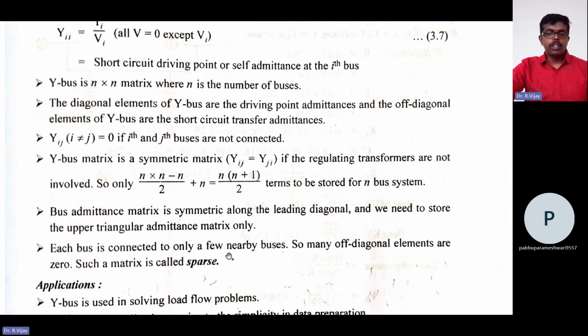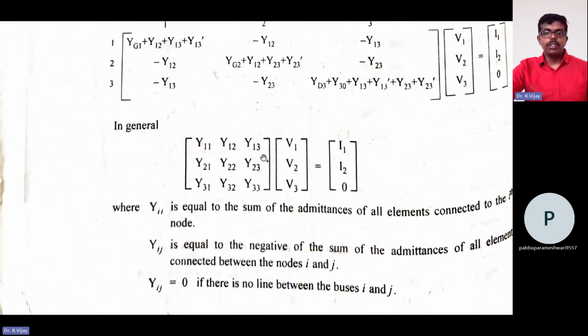Very, very important 2 mark question. You need to write it with an example. If you simply write that each bus is connected to a few nearby buses, so many off-diagonal elements are zero, such a matrix is called sparse, they will give you only half a mark or 1 mark. If you write with an example, you can formulate a 5 cross 5 matrix: Y11, Y12, Y13, Y14, Y15.